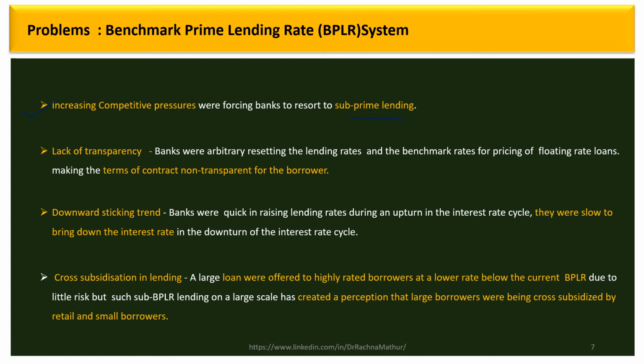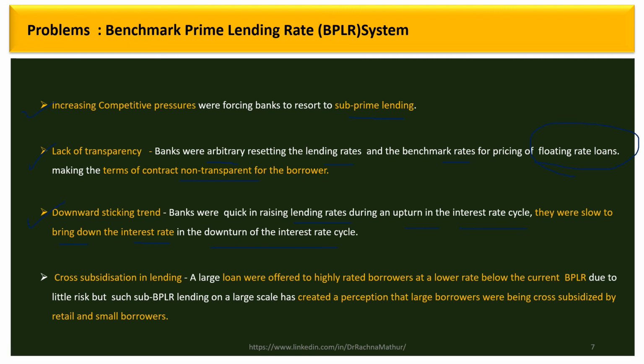The problem of lack of transparency was also seen in the system, as banks were arbitrarily setting the lending rates and the benchmark rate for pricing floating rate loans, making the contract totally non-transparent for borrowers. Next, it suffered from a downward stickiness, where banks were very enthusiastic in raising lending rates during an upturn in the interest rate cycle, but very slow in bringing the interest rate down when there was a downturn in the interest rate cycle.